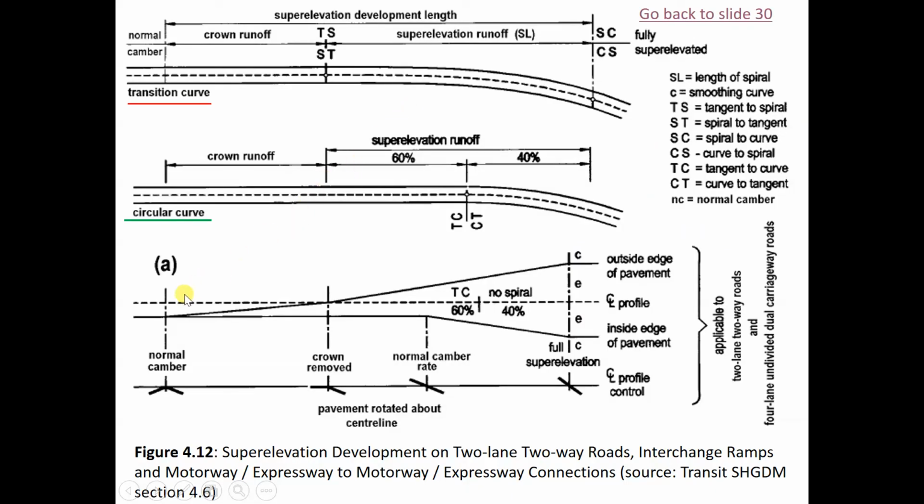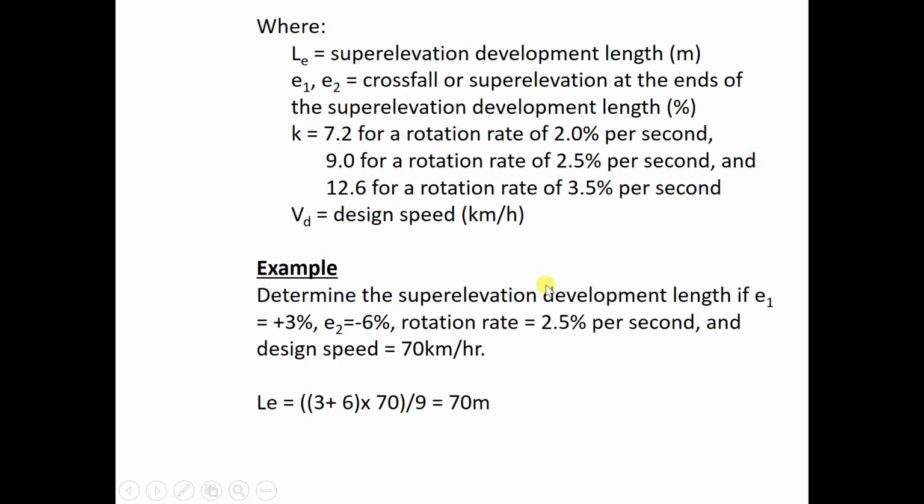For example, E1 is normal camber, let's say minus 2.5%, and at this point, let's assume it is 6%. So this one will be E1, this one will be E2. E2 could be like, this one is minus 2.5%, this one is plus 6%.